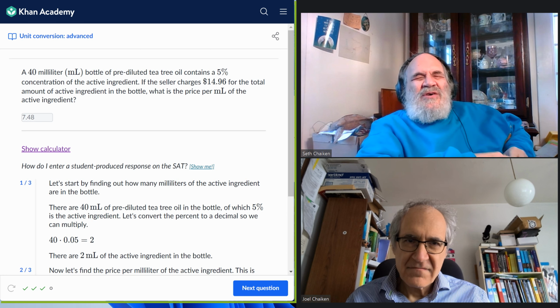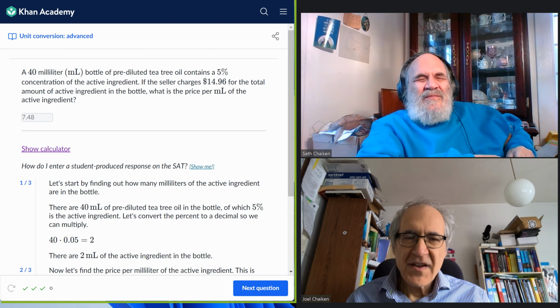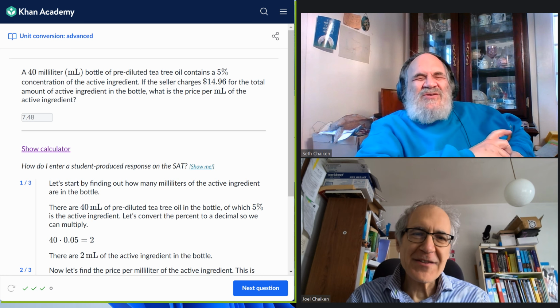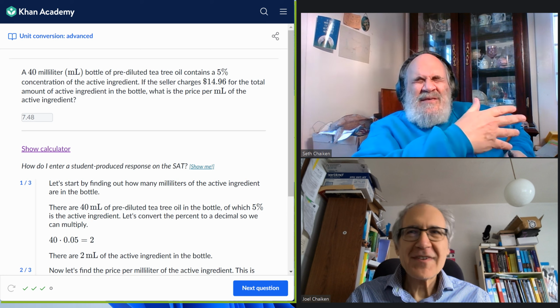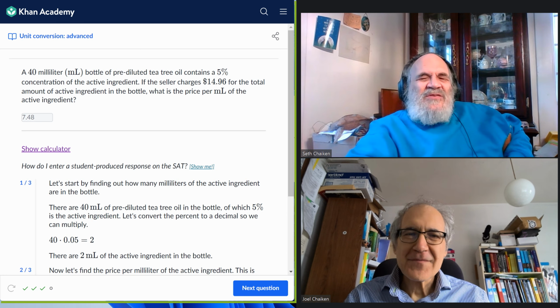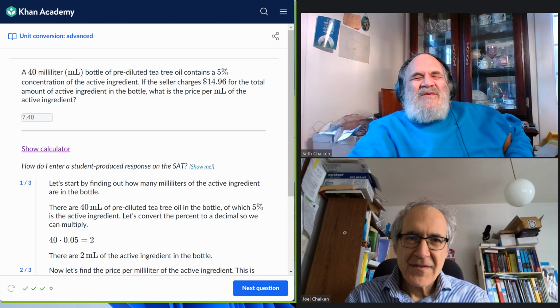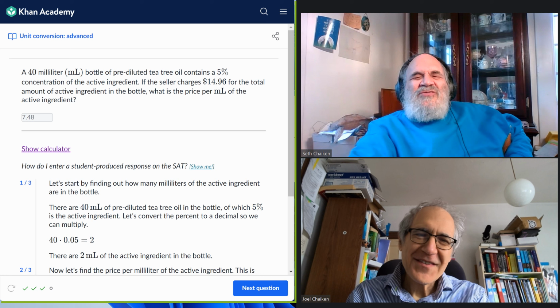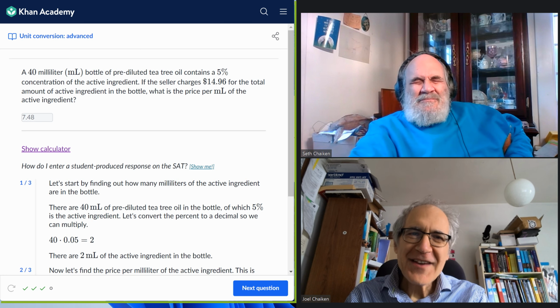There's a cost to the manufacturer, but there's no information in the problem about any cost to the manufacturer. The only information is the cost to the consumer.